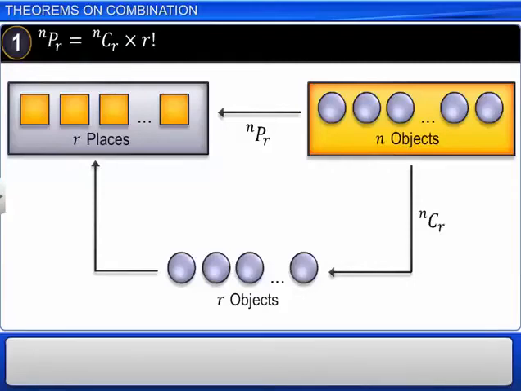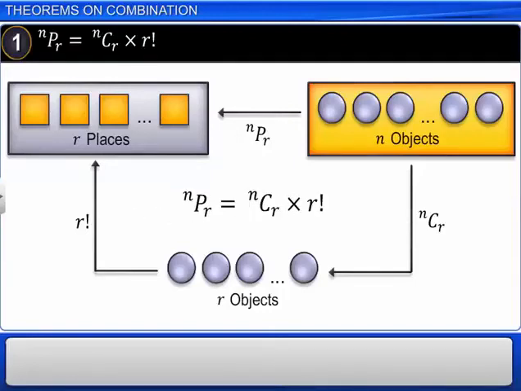The second event of arranging r items in r places can be done in r factorial ways. Using the multiplication rule, the whole process is equal to nCr multiplied by r factorial. Therefore, nPr is equivalent to nCr multiplied by r factorial.